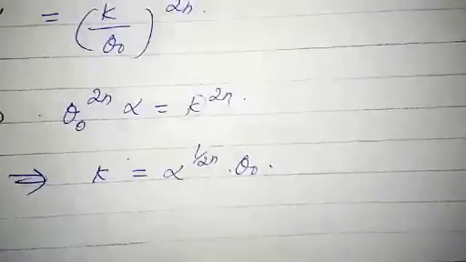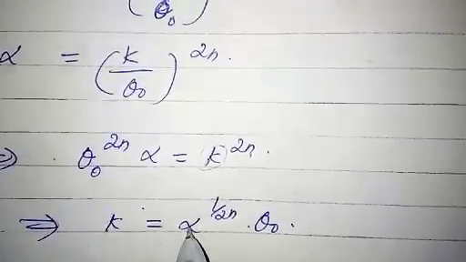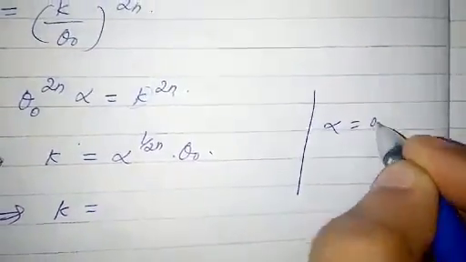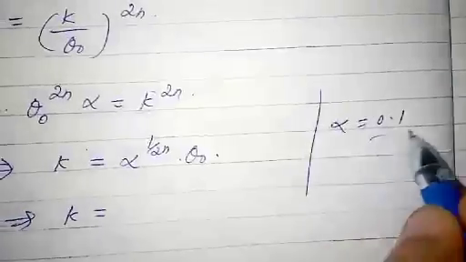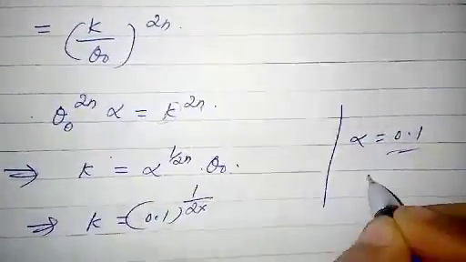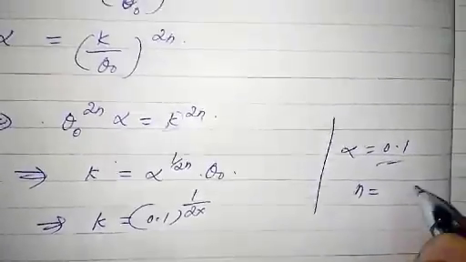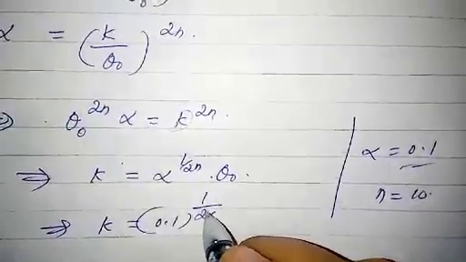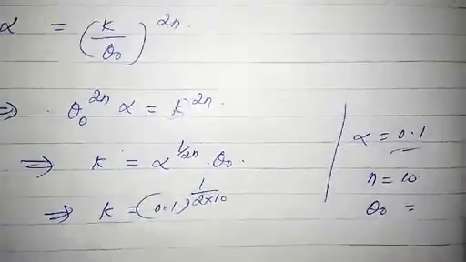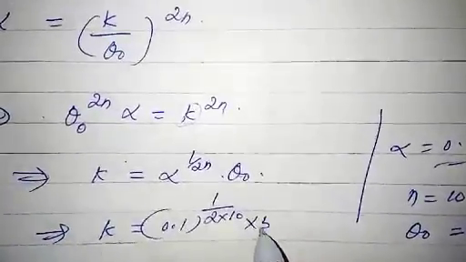Understood? So what is the value for k? We know that alpha is given, right? Here alpha is 0.1, given in the question. So 0.1 power 1 by 2 into n. N is also given, n equal to 10, so 2 into 10. Theta naught is also given, theta naught equal to 5, into 5, right?